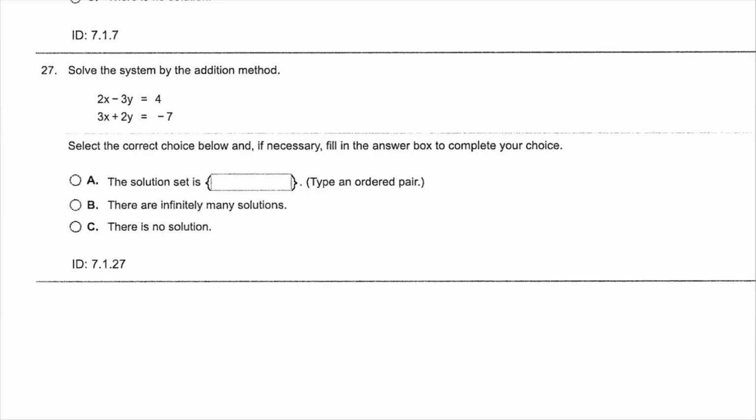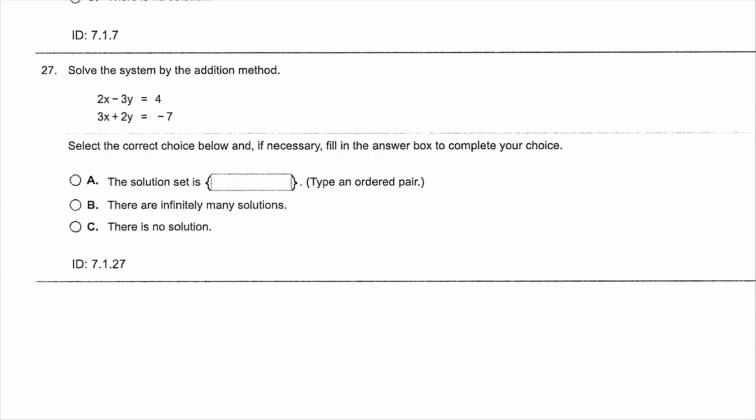So we're going to eliminate one of the variables. This is up to your discretion. You have to choose which variable you want to eliminate, and what you're going to multiply by to get this done. You're trying to create opposites. So I'm looking at the 2x and 3x. They're not opposites of each other.